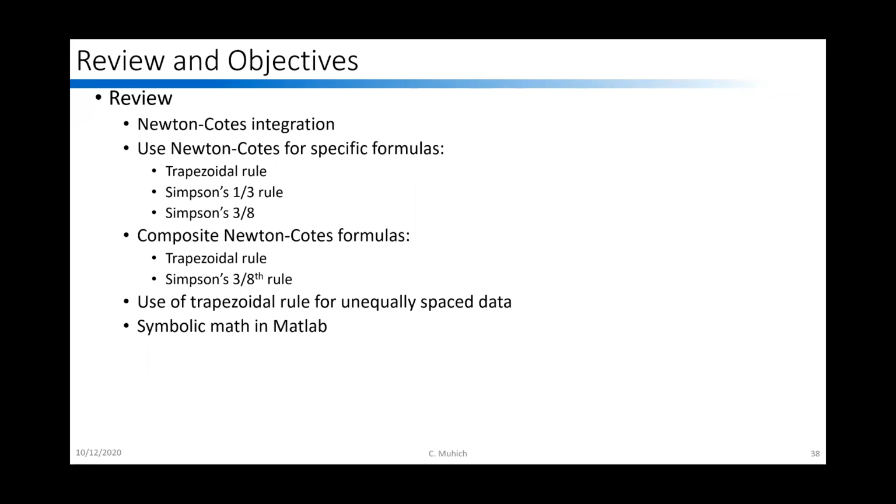Then we also discussed that if I had unequally spaced data, I need to go back and consider, say, the trapezoidal rule. And then we applied that. And lastly, we talked about using symbolic math in MATLAB in order to help get analytical forms of our integrals. All right, see you in class.